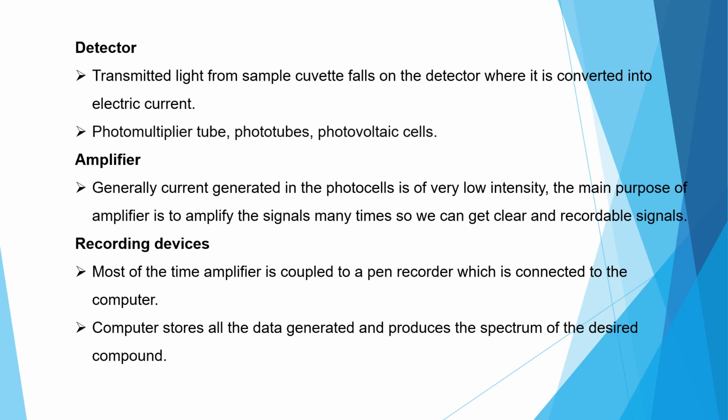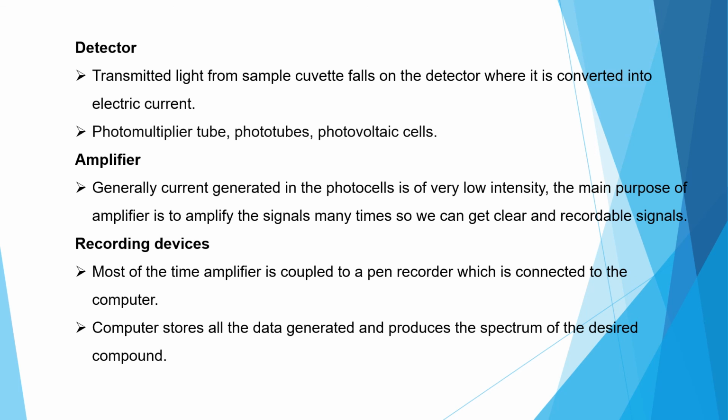So we have to use a detector which can easily convert light energy to electrical energy, and for this we use light sensing detectors, such as the photomultiplier tube, phototubes or photovoltaic cells, which are sensitive to light.